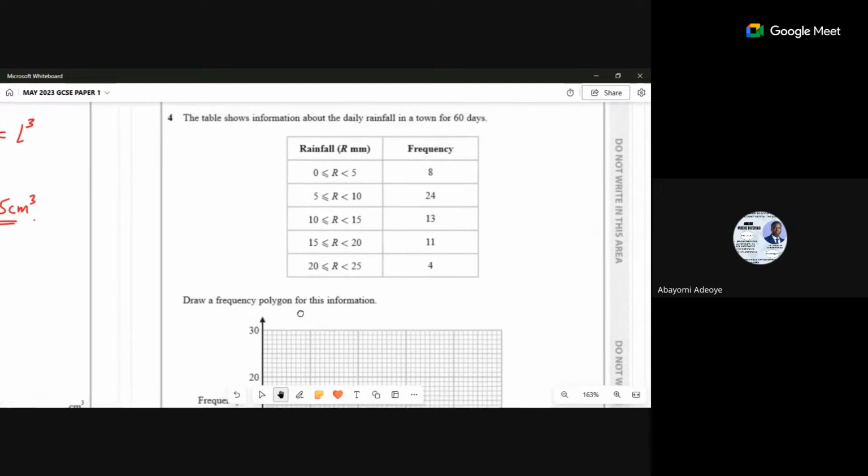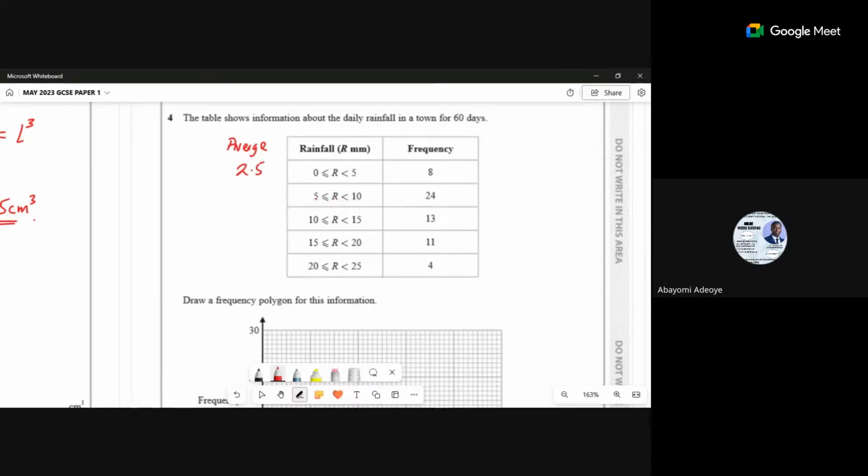We've not done this, so I will explain what you do here. For a question like this, the first thing you do, from the table here, is find the average of these numbers. So what's the average? 0 plus 5 over 2, add 0 plus 5, divide by 2, that's 2.5. Then add this, divide by 2.